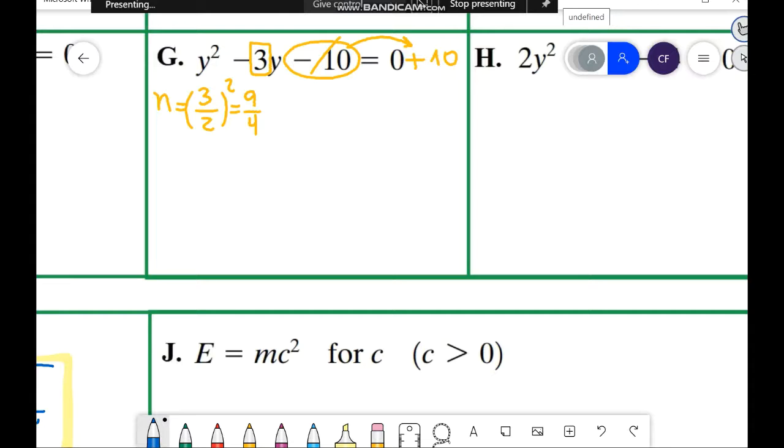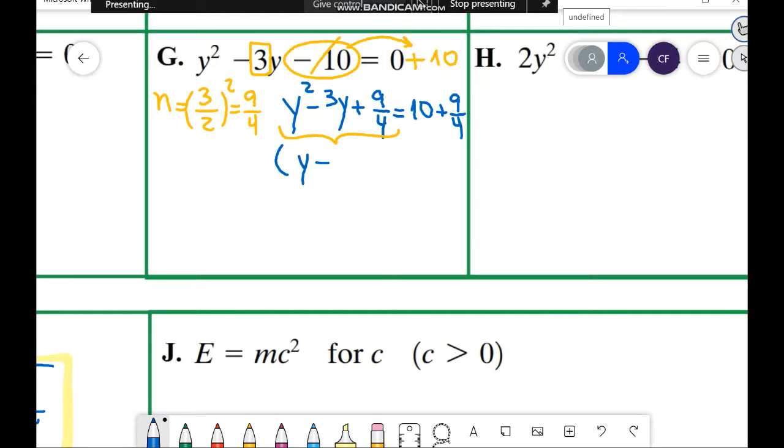Okay. Y squared minus 3y plus 9 over 4 equals 10 plus 9 over 4. Interesting, because here, this is a perfect square trinomial. We can write as y, a is y, and what about b?